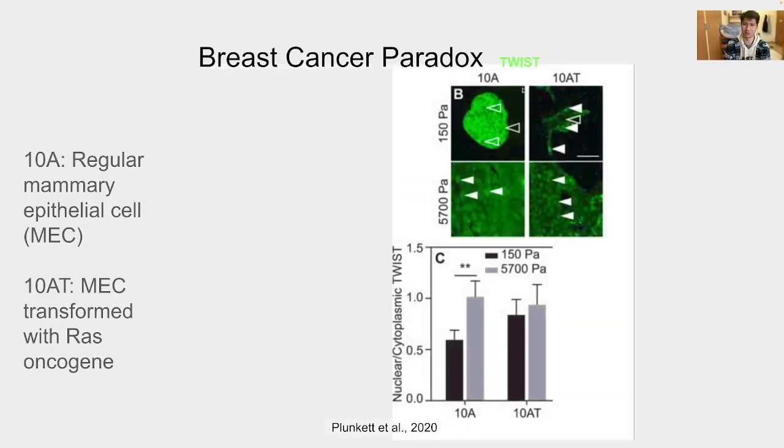When they stained for TWIST1 activity, there were no differences in translocation between the soft and the stiff matrices, suggesting that it's not integrin signaling that's playing a role in inducing EMT in this RAS cell line.